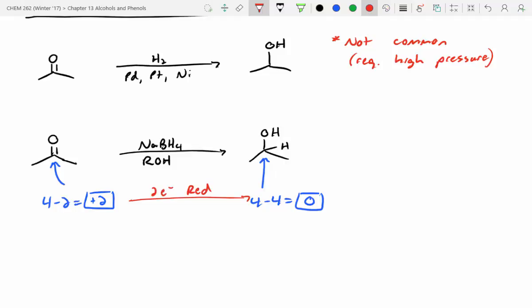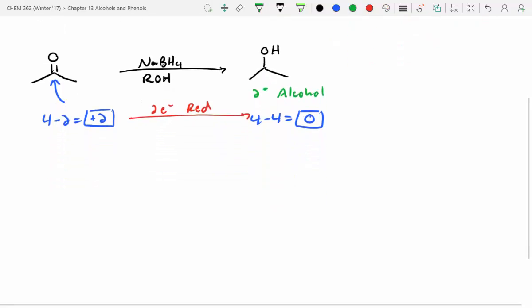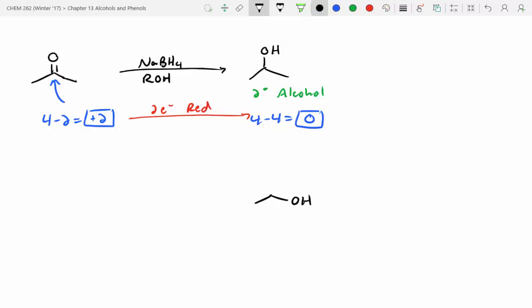This is a really simple way of converting a ketone to a secondary alcohol. So let's make a note of that: you can make a secondary alcohol with sodium borohydride. All right, let's say we want to make a primary alcohol, though. We can still use sodium borohydride, but I want you guys to help me predict the starting material.